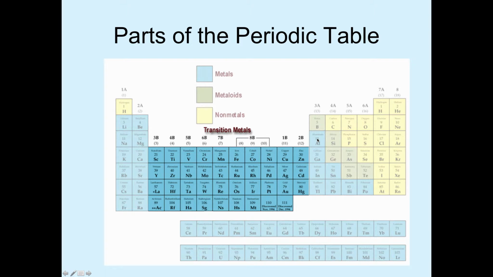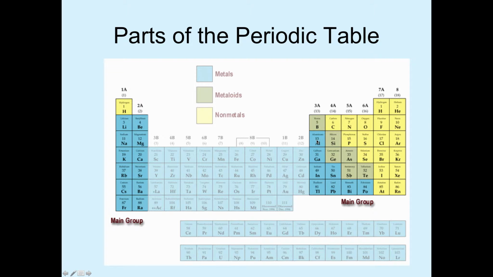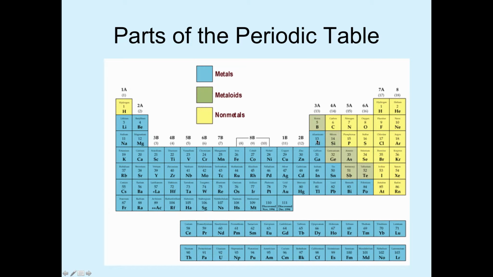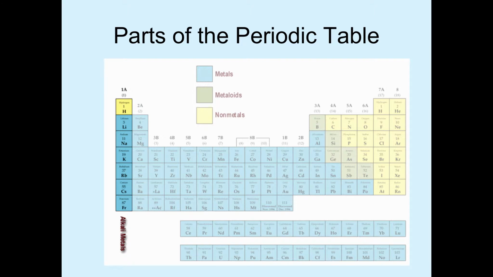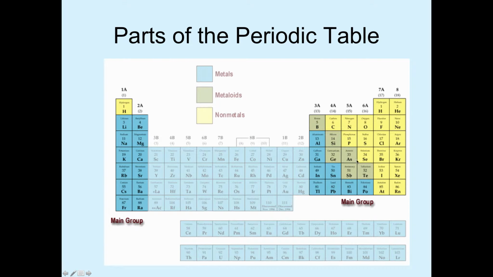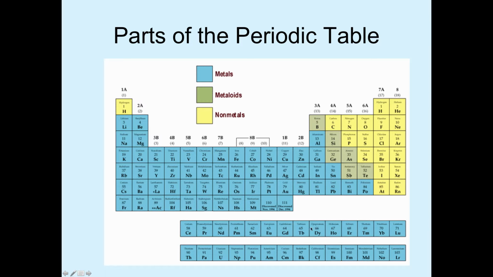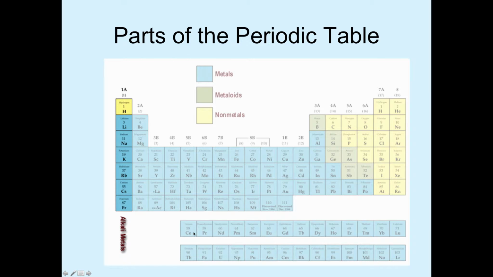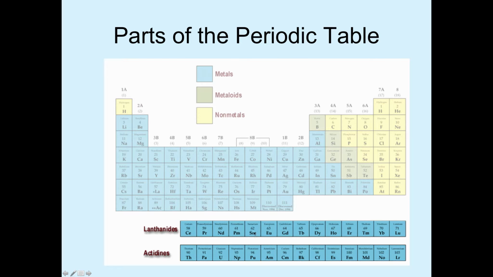In actuality, aluminum is a metalloid, but lots of people don't call it a metalloid because it only has a couple of non-metallic properties, and those are at very high temperature. The metalloids, of course, have properties of both metals and nonmetals. They're sort of hybrids between the two. Okay? These down here, the lanthanide and actinide series, these are actually pulled out of here. Hopefully you've already watched the crash course on periodic table and you know all about that.